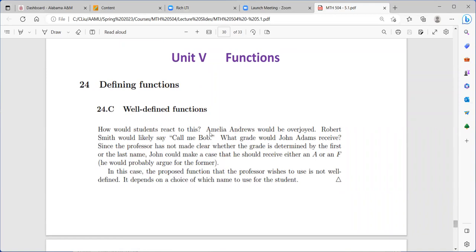So how will students react to this? Amelia Andrews would be overjoyed.